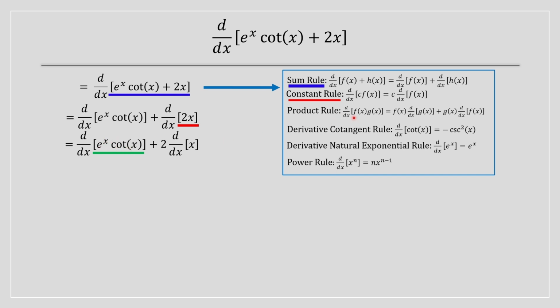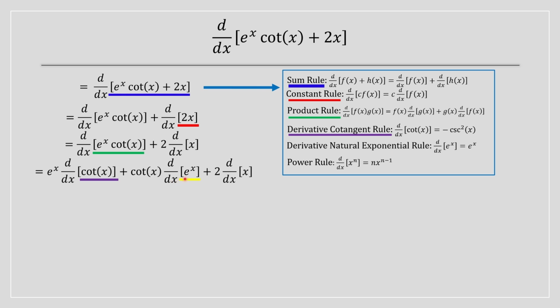So e to the x, which can be represented by f of x, and cotan of x can be represented by this g of x term. Once we understand that, we can apply the product rule, and then we apply the derivative of cotan x, which is this guy over here. Then the derivative of e to the x is just e to the x, and over here, this would be just left with 1 with this power rule. And that's our answer to this question.